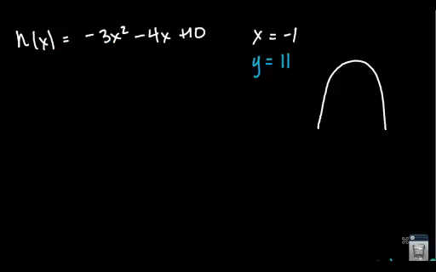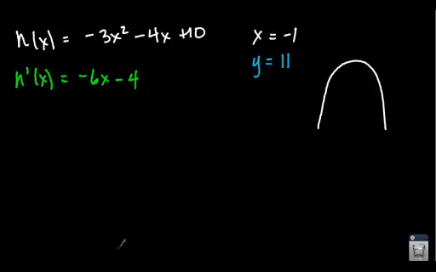Let's go ahead and differentiate now, because I need to find the slope at the point negative 1, 13. So n prime of x, I'm just going to do this kind of fast. I get negative 2x, so I kick the 2 forward, times negative 1, and subtract 1 from my exponent, minus 4. That's my gradient equation, or what I got when I differentiated.